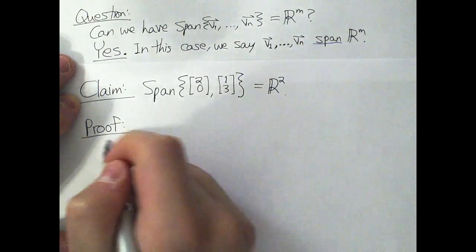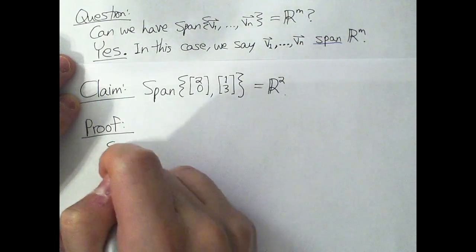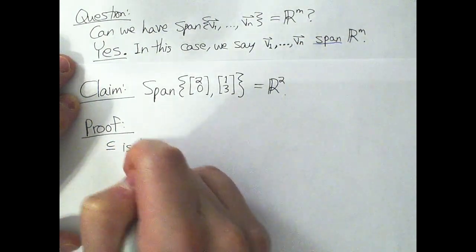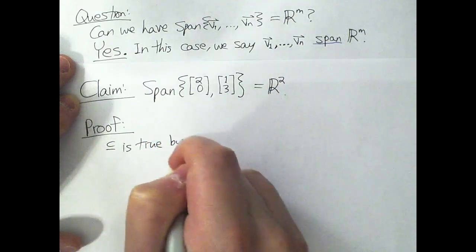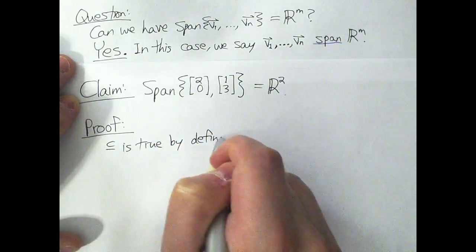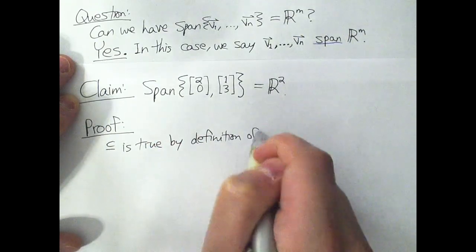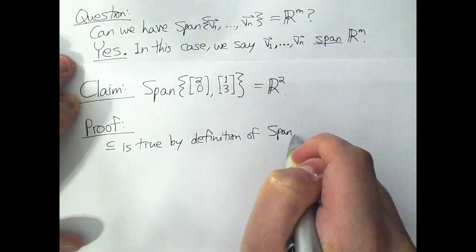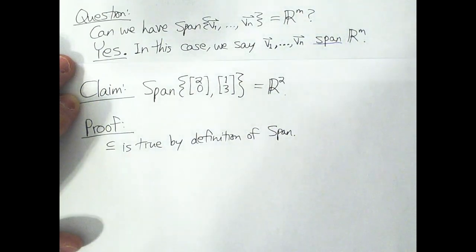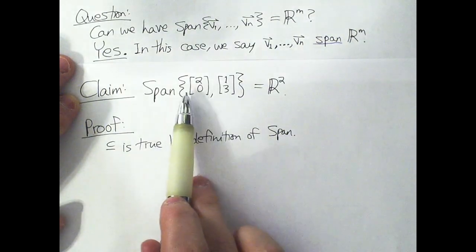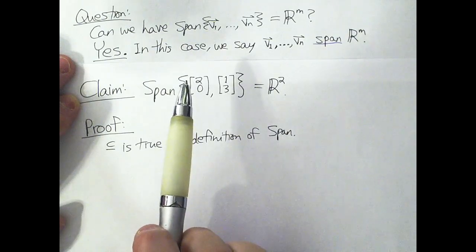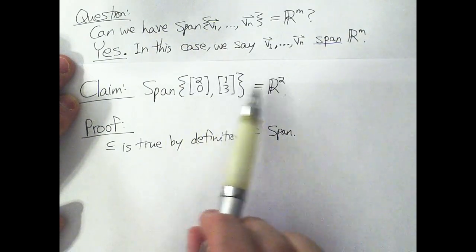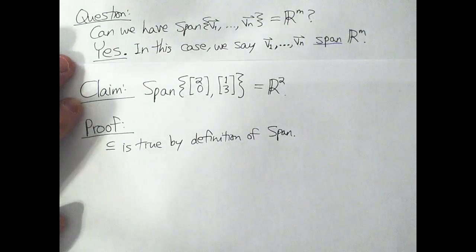So I'm going to say that this is true by definition of span. I think we can see that everything in the left-hand side must be contained in the right-hand side, because when you do a scalar times this plus a scalar times this, you're going to get something in R2. There's not much more to say about that.